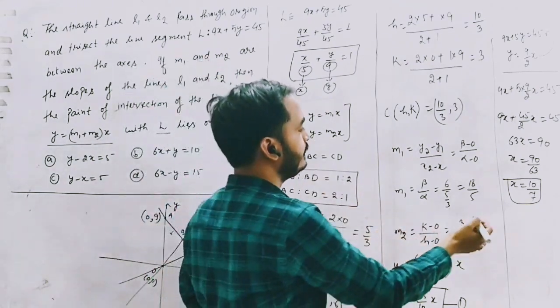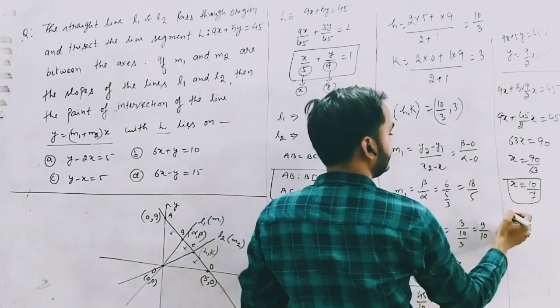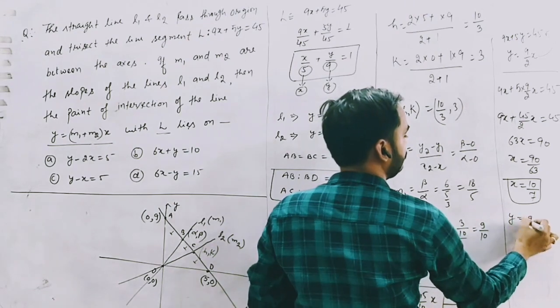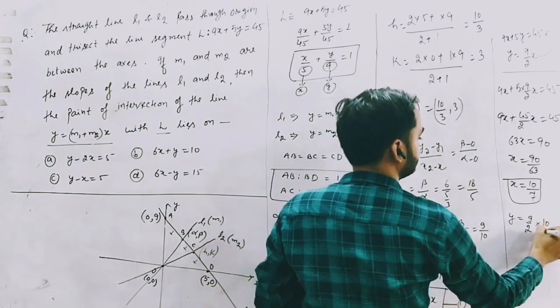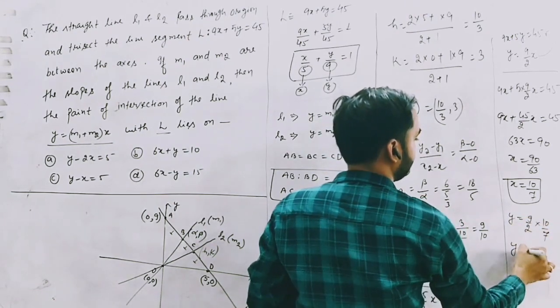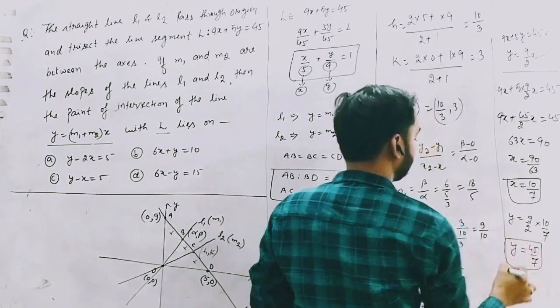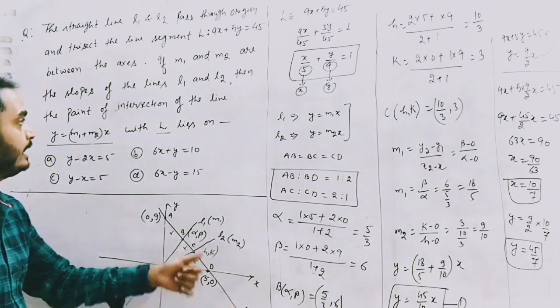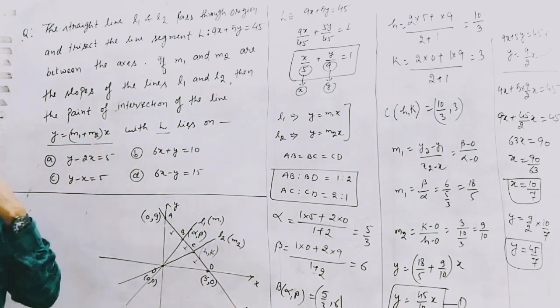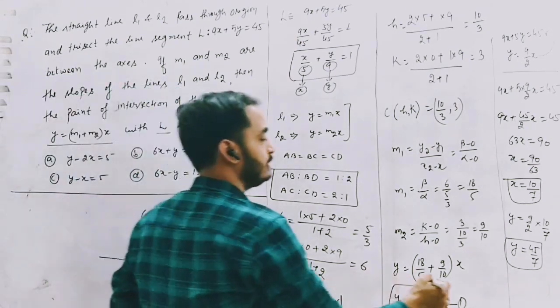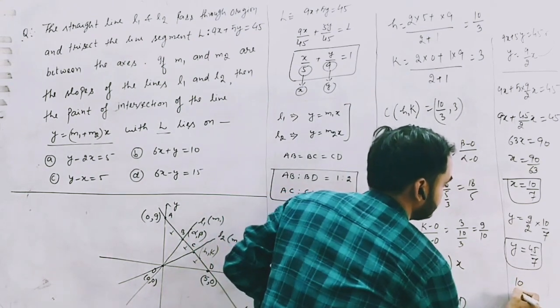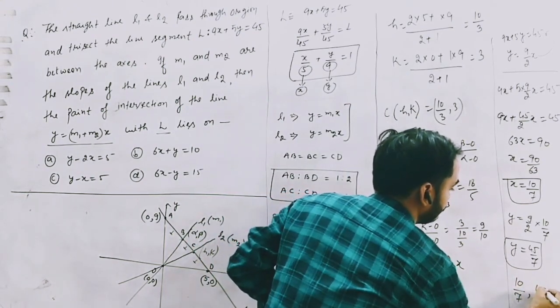Now put this value of x in this line, y is equal to 9 by 2 into 10 upon 7. So the y coordinate will be 45 by 7. The intersection of this line and y is equal to m2 x generates the intersection point 10 by 7 comma 45 by 7.